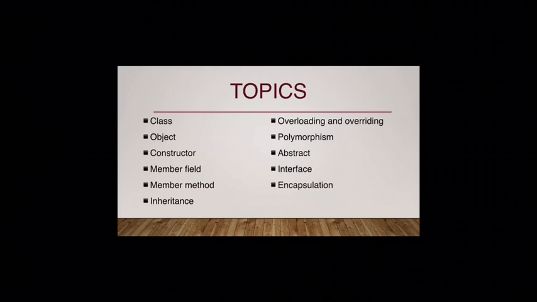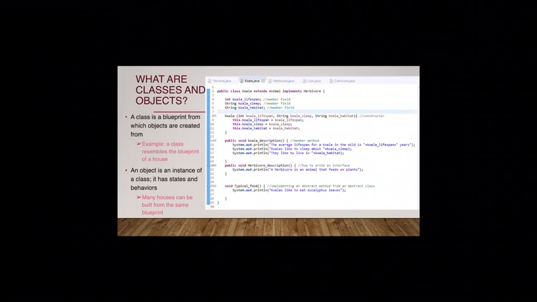To begin with, what are classes and objects? I want you to know that a class is like a blueprint from which many objects can be created. Remember that a class is similar to a blueprint, right? On the other hand, an object is an instance of a class, and it has states and behaviors.